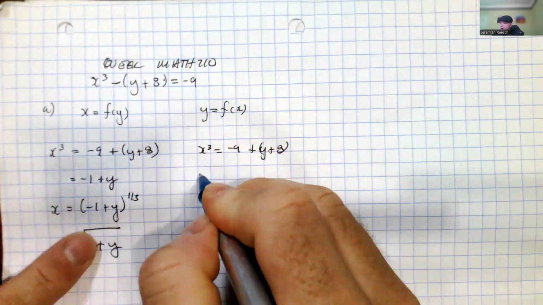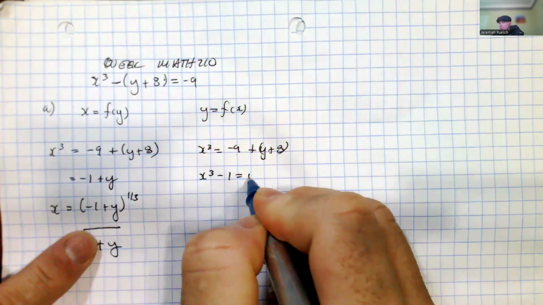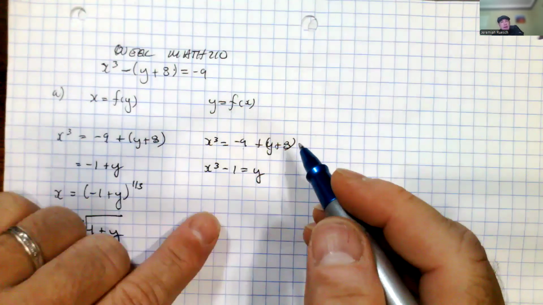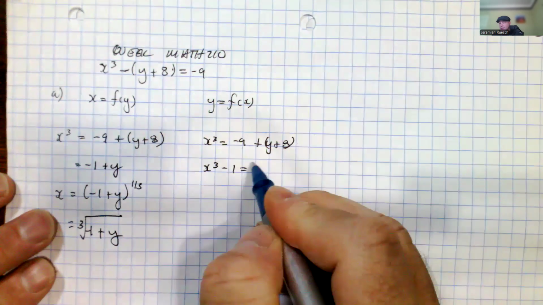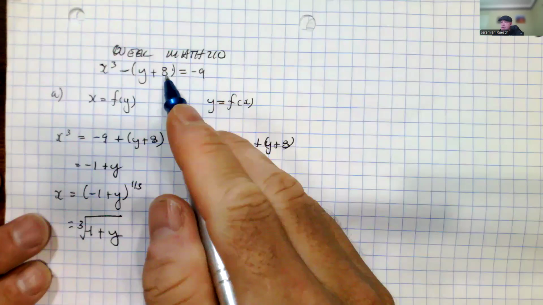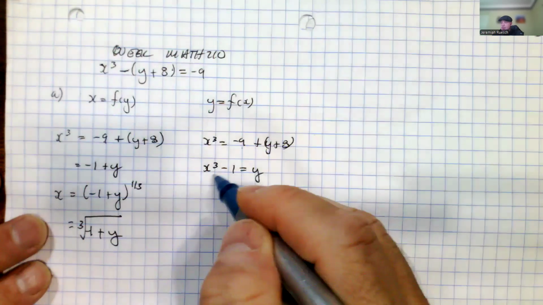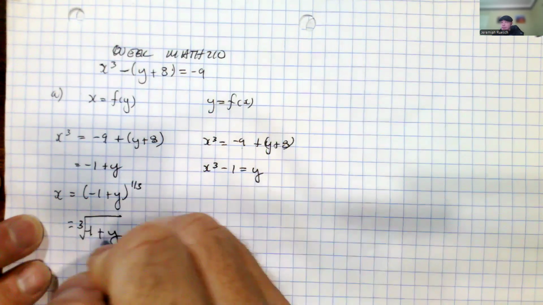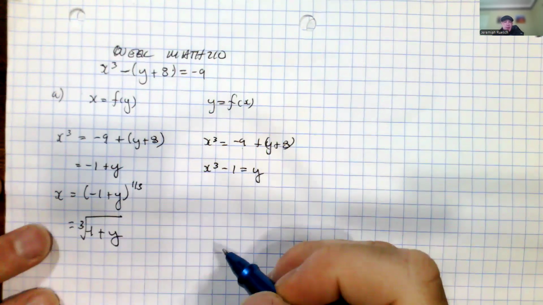I'm going to add that over, so I get x cubed minus 1 is equal to y. And since y has a coefficient of 1 and no power acting on it, y is isolated at this point. And so I get x cubed minus 1, this function is my f of x here. And here, this is my f of y. Okay, all right, so that's part A.